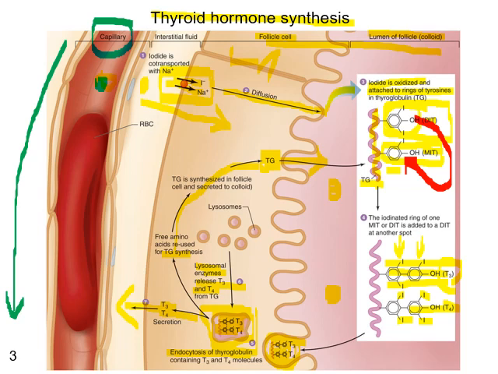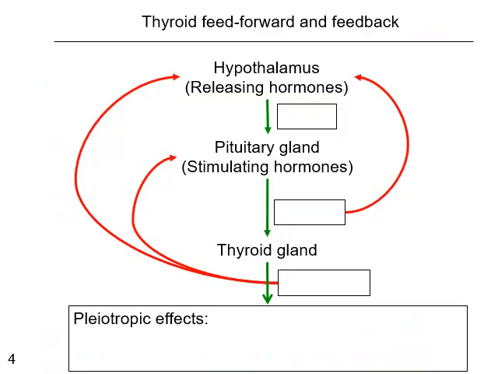This whole process is stimulated. Everything about this process is stimulated by TSH. Okay, here's a fill in the blank slide to review the control of the production of thyroid hormone.